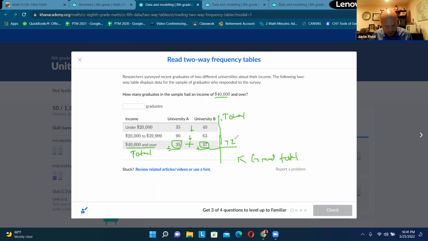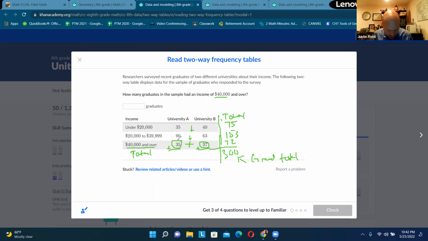But let's use this to give a more general idea. 35 plus 40, 75. So if I add all those together, I would get the grand total, 300 participants in the survey.